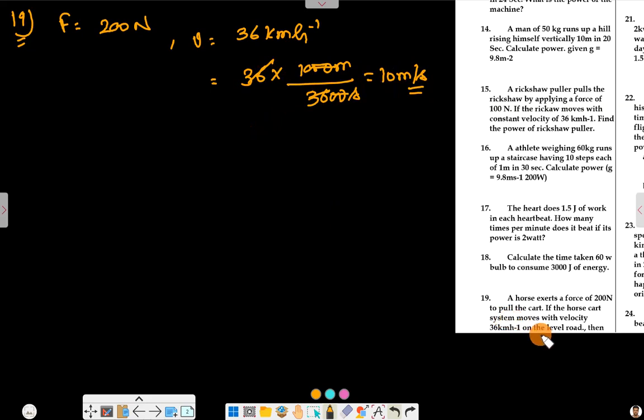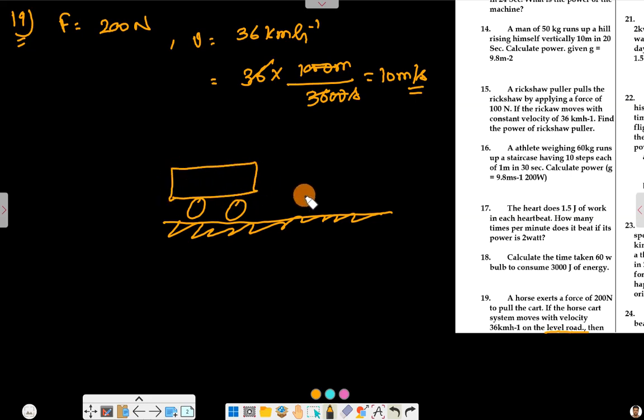Okay, and it is mentioned level road, which means the scenario will be like this. This is the road, this is our cart, and here is our horse pulling it. The horse and cart are tied together.